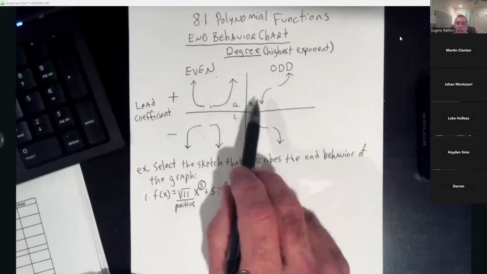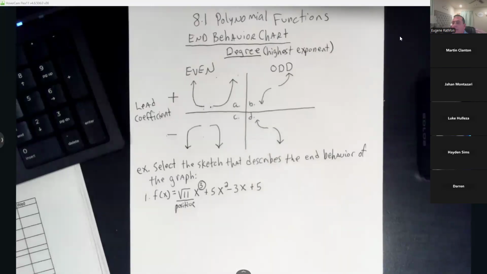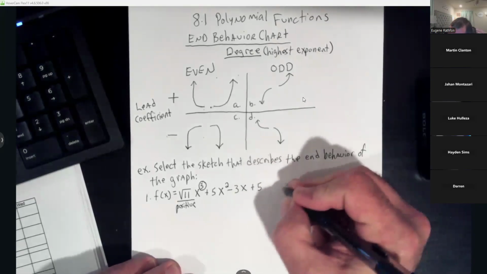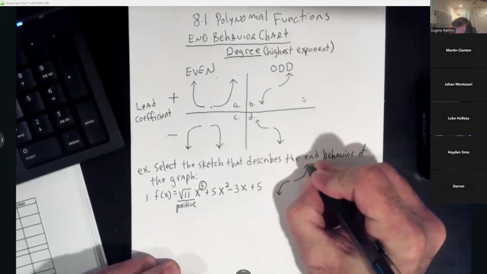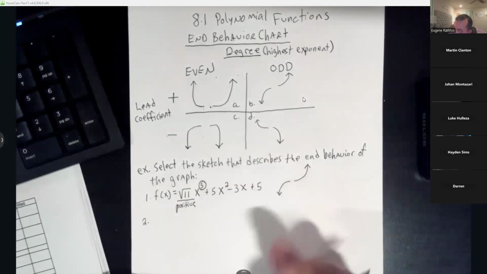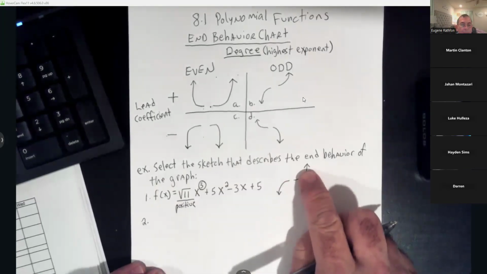Would I choose A, B, C, or D? And y'all, I'm going to bring up Chad up here for y'all to pick one of those. So what I got, a B. So B, good job. This is odd and a positive lead coefficient. So good job, y'all. That would definitely be B, which is uphill, left to right.